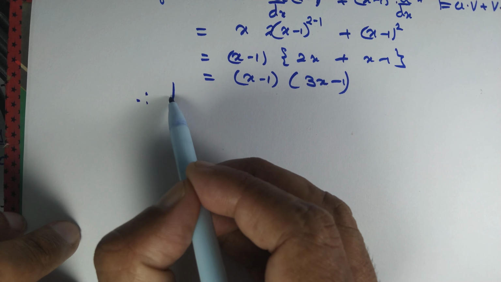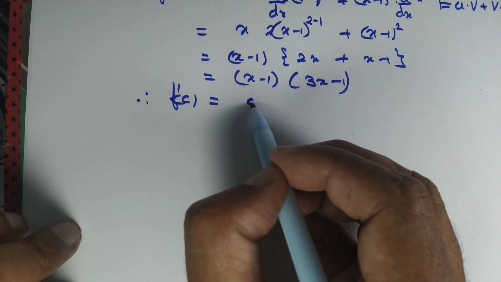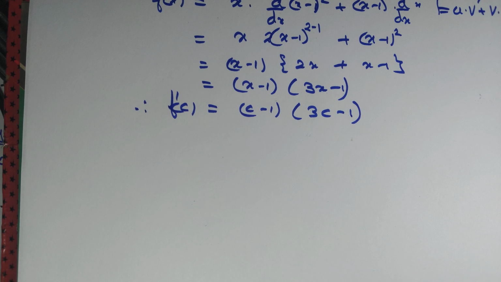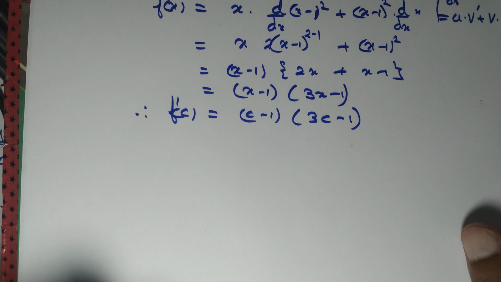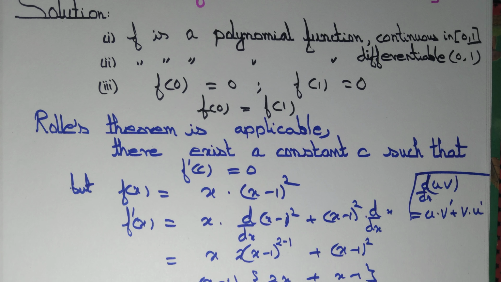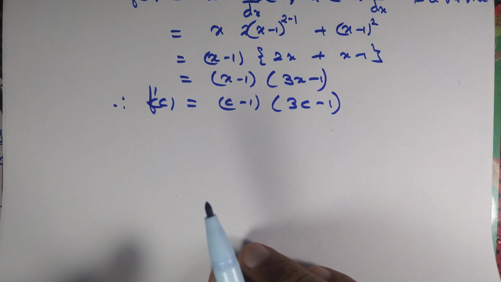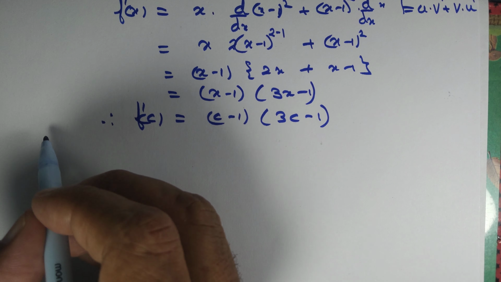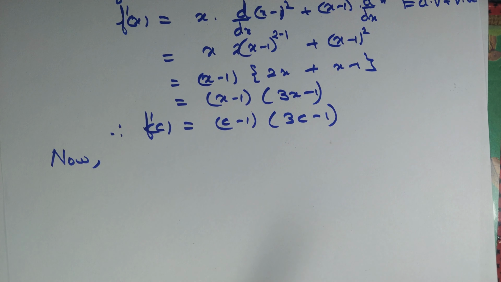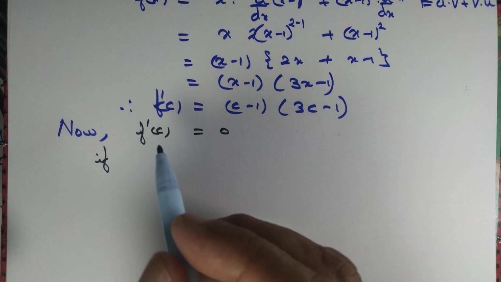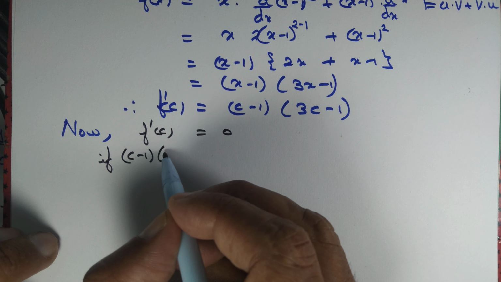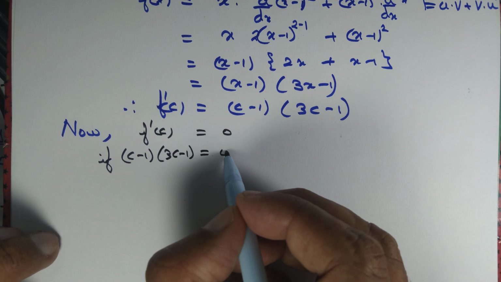So f dash of c equal to (c minus 1) times (3c minus 1). Rolle's theorem assures us that there exists a constant c such that f dash c equal to 0. Now f dash c equal to 0 if (c minus 1) times (3c minus 1) equal to 0.